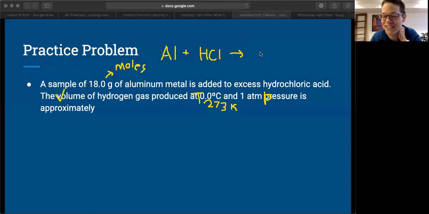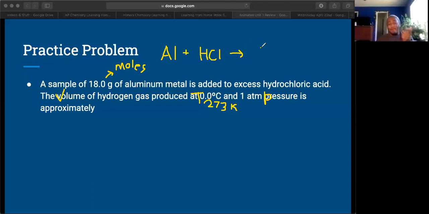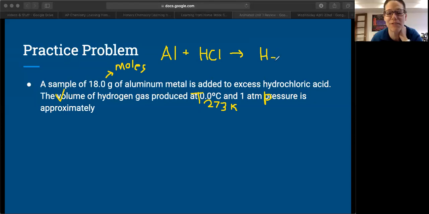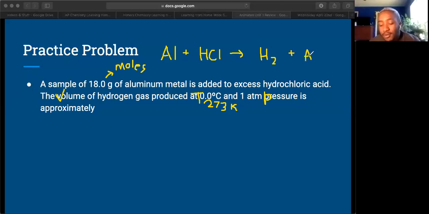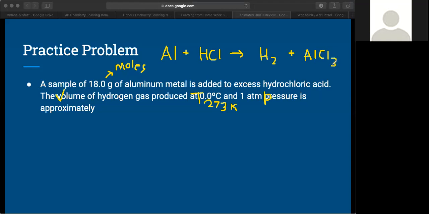How am I writing hydrogen? H2. And what's my formula for the aluminum and chlorine? AlCl3. Aluminum has a charge of 3, chlorine's a 1.